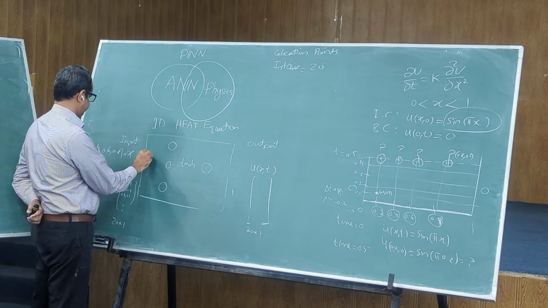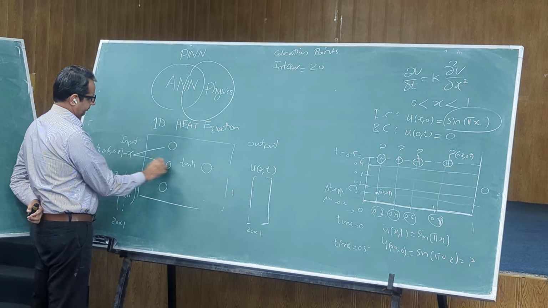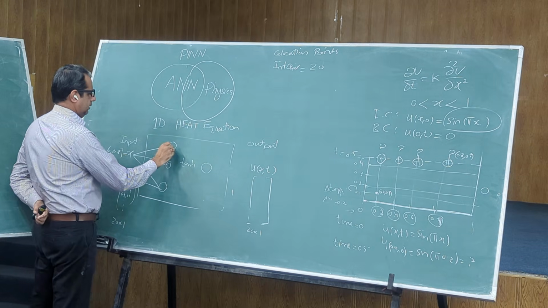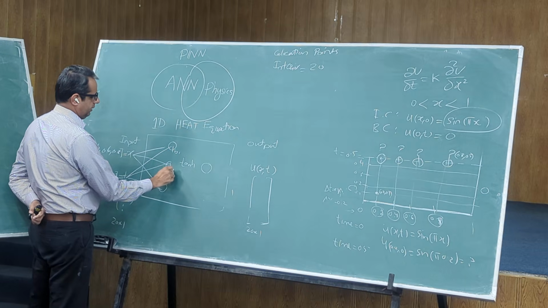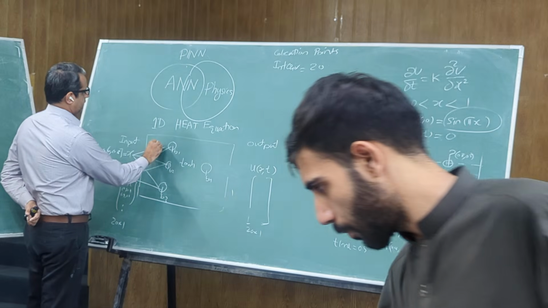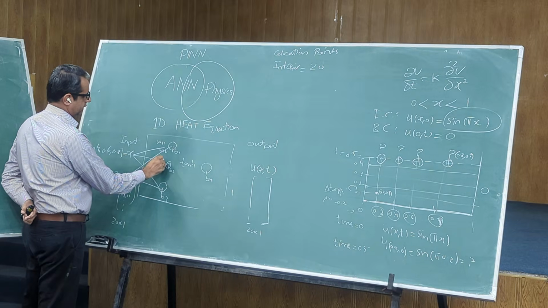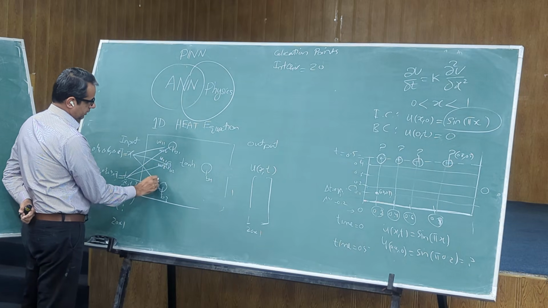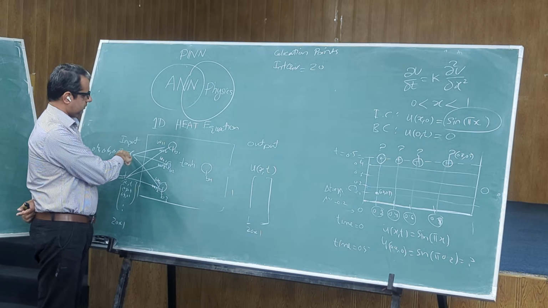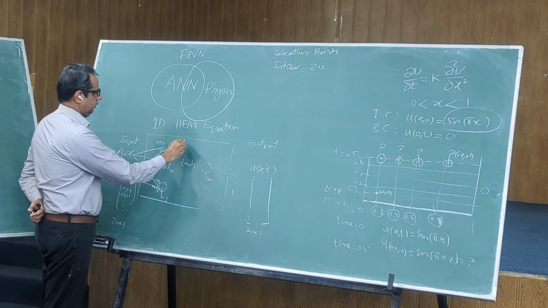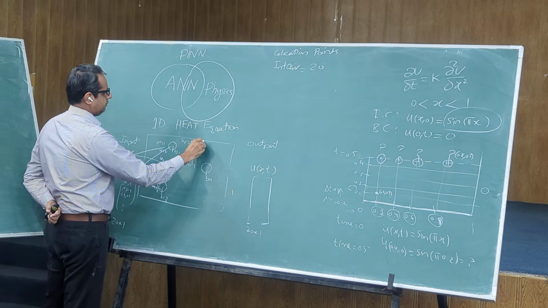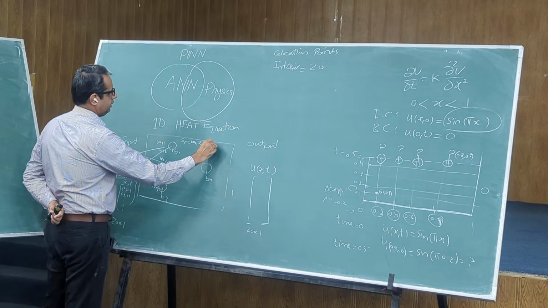So what happened? X comes here, T comes here. This one has some bias, let's say B1, B2, and B3 are the biases here, and the last neuron has bias B4. It has weights W11, W12, let's say W21, W22, W31, W32. So what will be the output here if X is coming and T is coming as an input? Let's say S1 will be W11 X plus W12 T plus B1.